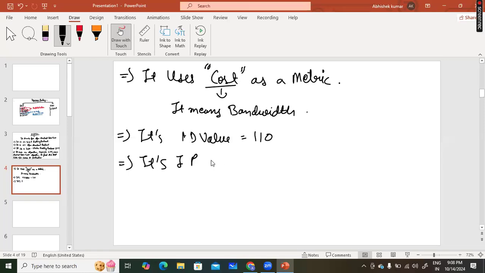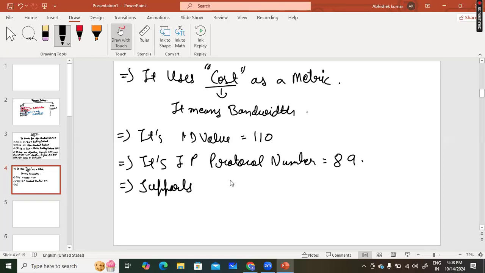Its IP protocol number is 89. It supports unlimited routers.